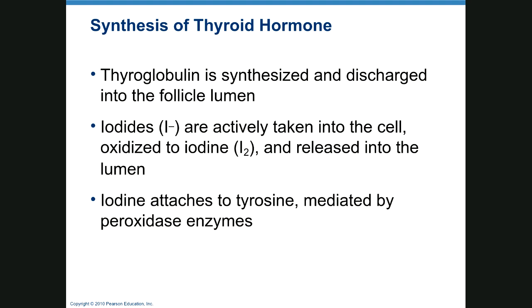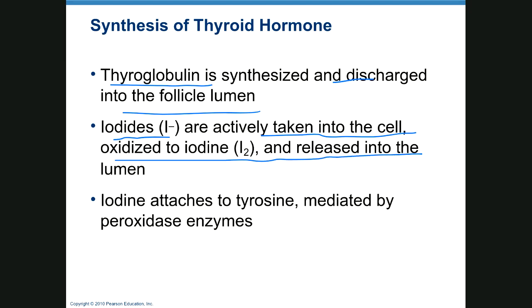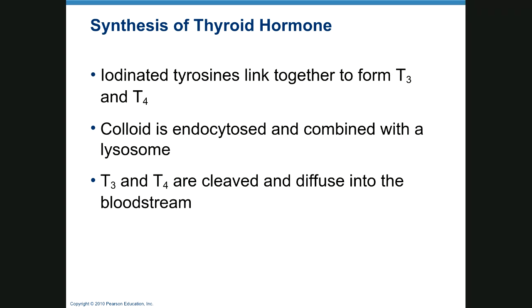Thyroglobulin is synthesized and discharged into the follicle lumen. Iodide ions are taken into the cell, then turn to iodine, I2, and are released into the lumen. Iodine attaches to tyrosine, and peroxidase enzymes mediate this.